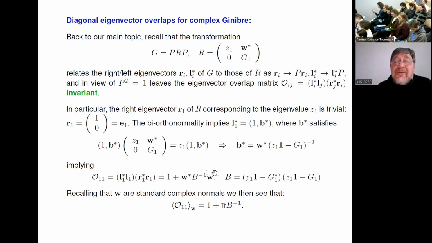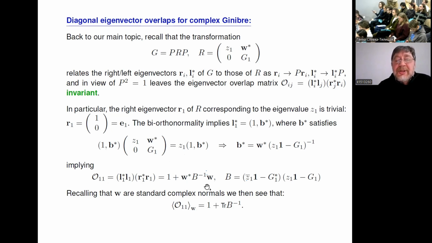Its inverse is sandwiched between W, and this is the main object which determines the difference between O11 and 1. And we remember that 1 is the value which this condition number, or diagonal entry of the overlap matrix, would have for normal matrices. So this object is exactly what we are interested in. The deviation from normality is controlled by this.